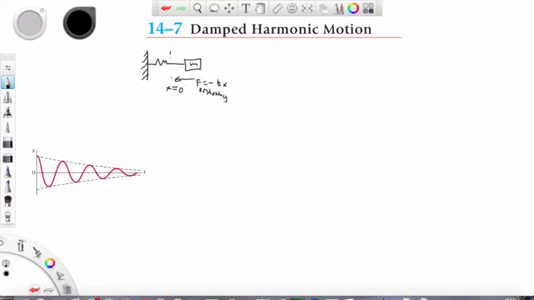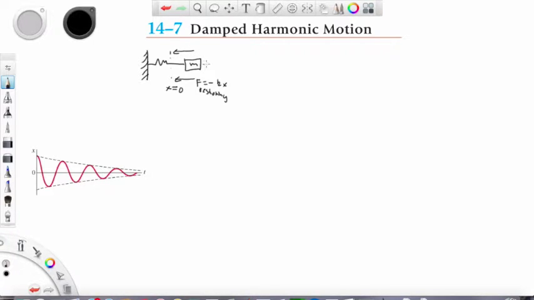But also in this case we have a damping force that acts in the same direction as the restoring force, which means it is opposite to the direction of movement.